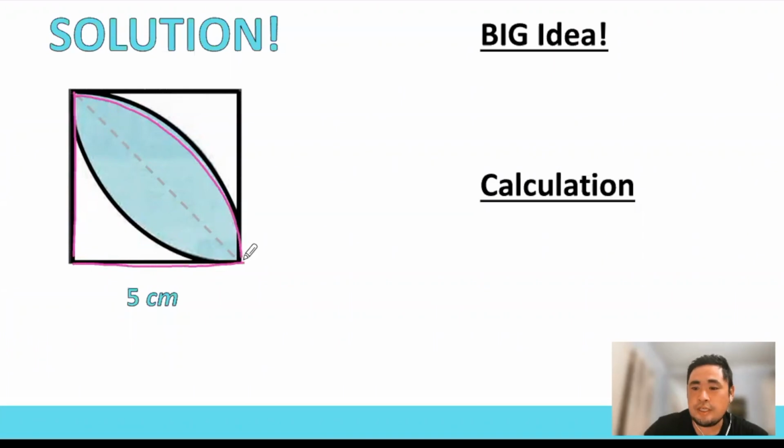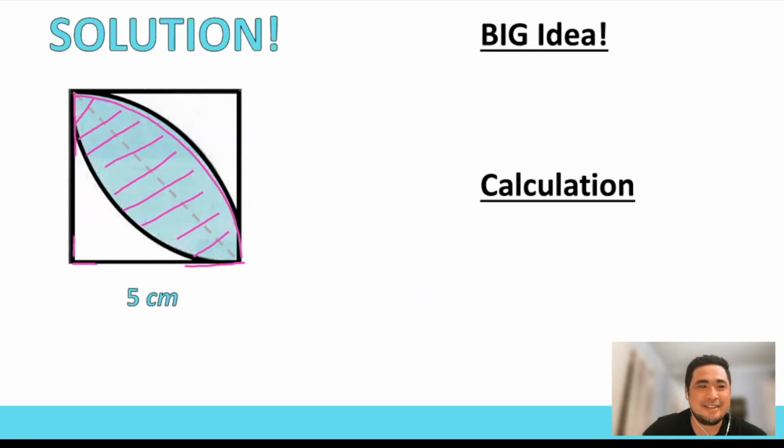So if we took the area equation of a circle and divided it by 4, we can then get the entire area of this shape right here. But do we really want the white area as well? I don't think so. So how can we come up with an equation to get rid of this white area here?